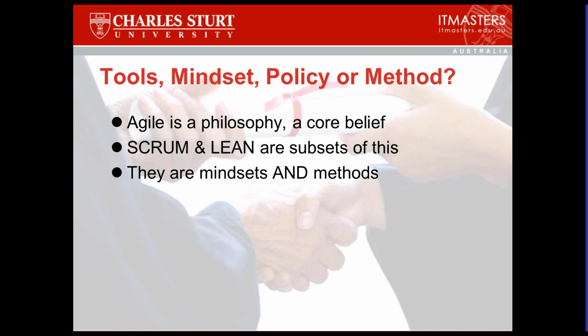So we use things like Scrum and Lean to build alignment and to build that commonality in our understanding. And we do that by translating it into saying, well, this is the philosophy, but this is how we do it. And because we have the philosophy, we're prepared to have a chat about how we might do it differently. And we're okay with that because we're agile.